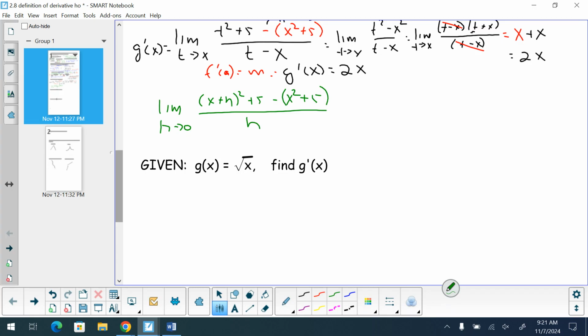The first method, if you like factoring, you're going to factor a lot more. The second method, you have to multiply out a little bit more.